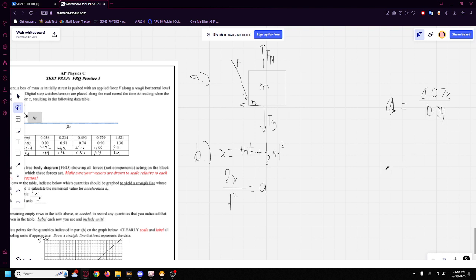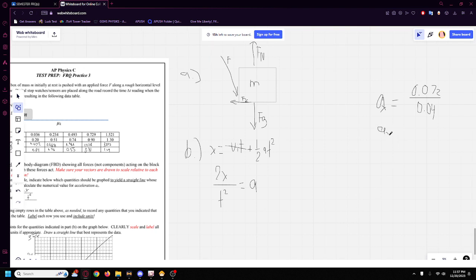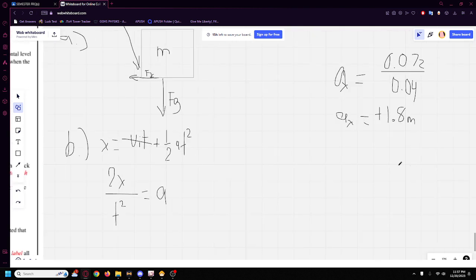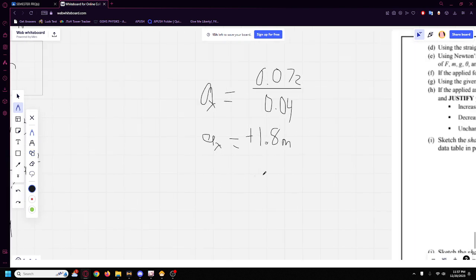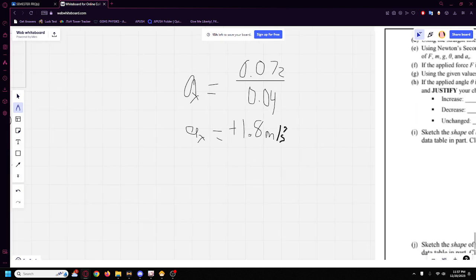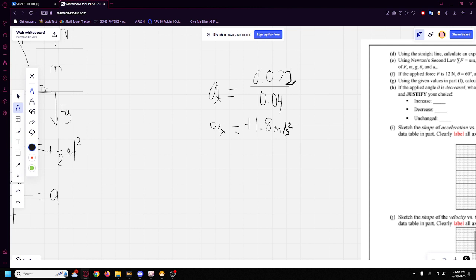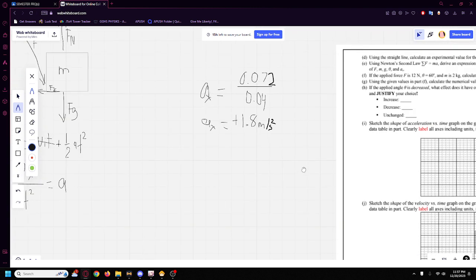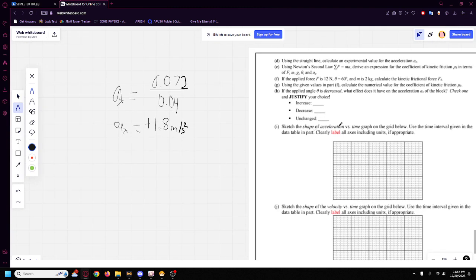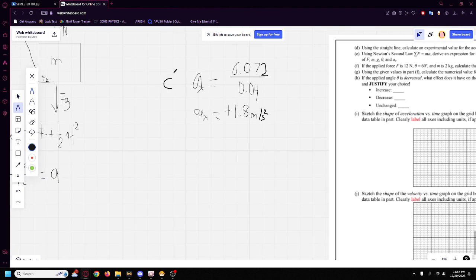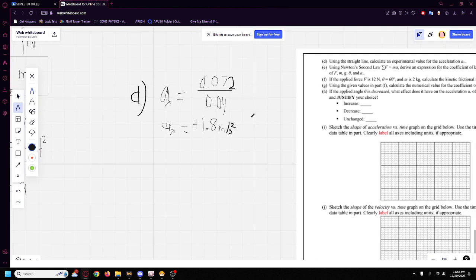You plug that into your calculator, you get A of x is equal to 1.8 meters per second squared.